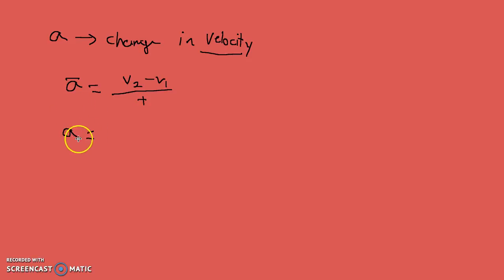Our instantaneous acceleration can be found by finding the rate of change of velocity. Okay, and so it's a continuation of what we've done before.